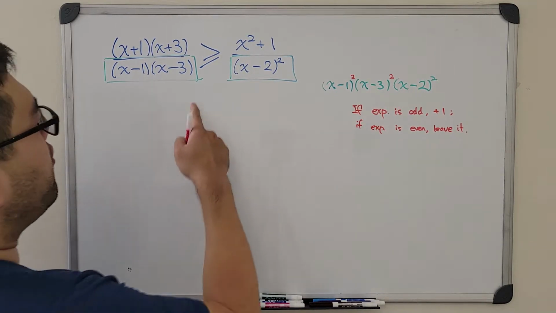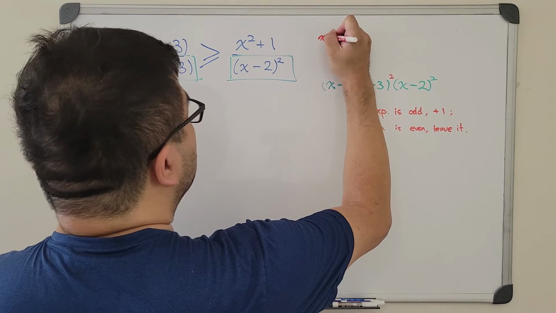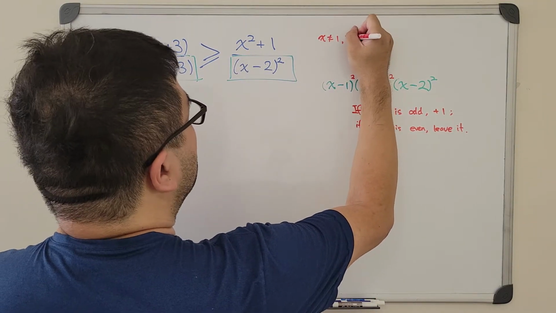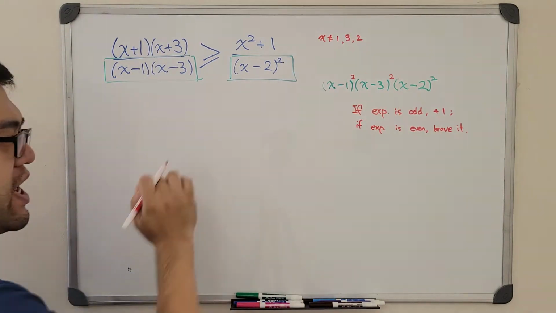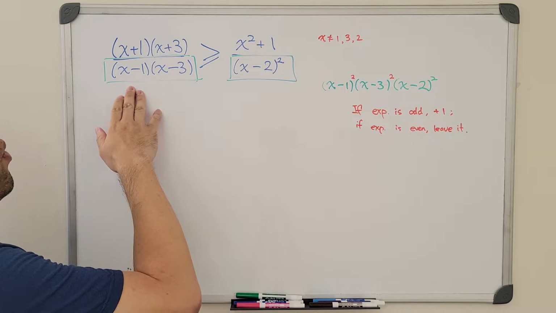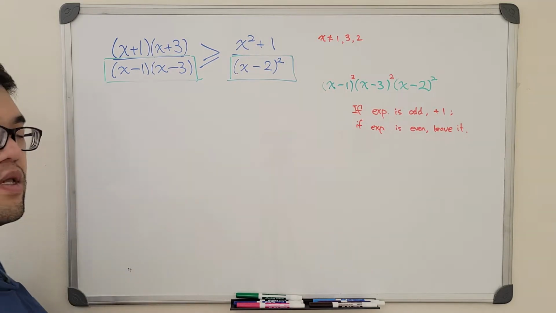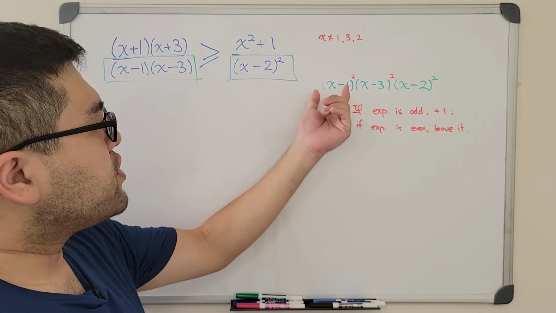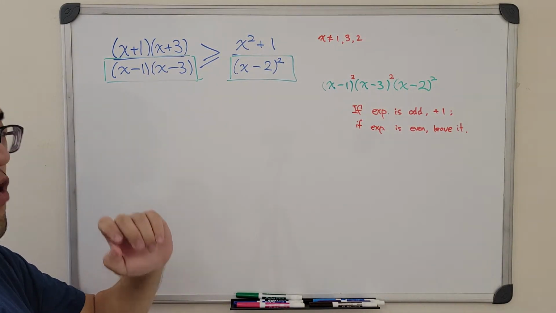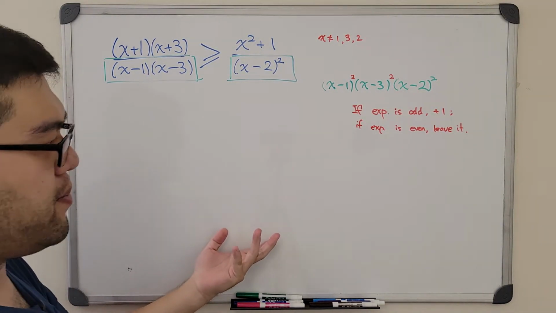So, we already know that x cannot be equal to 1, 3, or 2 in this case. So, we don't have to worry about what happens when some of the factors is 0. So, we know that those factors are either positive or negative. In other words, it must be a real number.